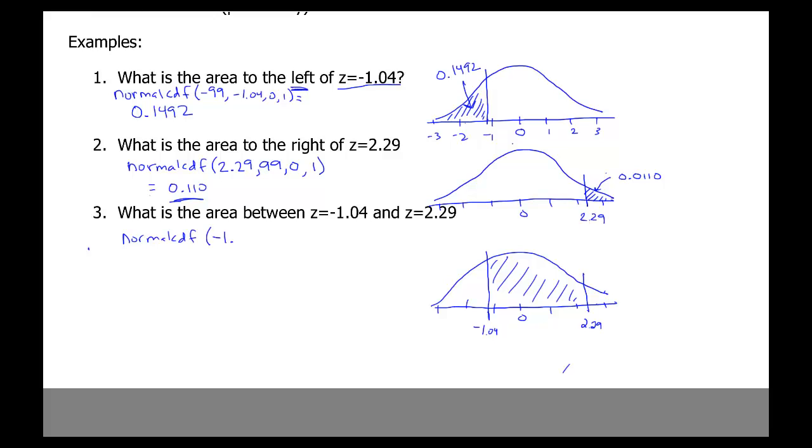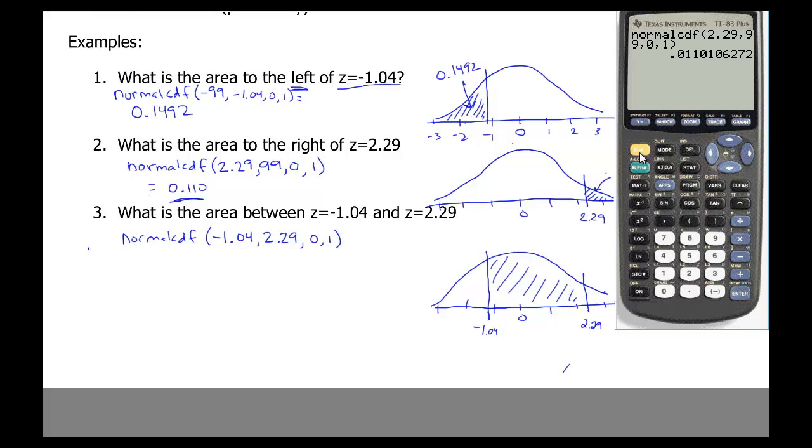Our minimum now is going to be the lower z-score. Our maximum will be the higher z-score. A mean of 0 and standard deviation of 1. Distributions, normal CDF, negative 1.04, 2.29, 0, 1, and then we get 0.8398.